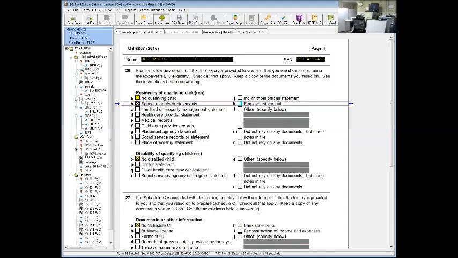Okay, Wanda Jones provided a home for her daughter who is 17 all year. She uses the head of household filing status. Her AGI is $39,000. Can she claim the credit? Yes. Larry and Sandy Smith filed jointly on their return. Their dependent grandson lived with them all year. Their only income was from pension, interest, and Social Security.